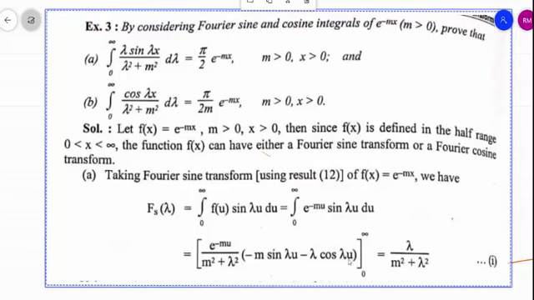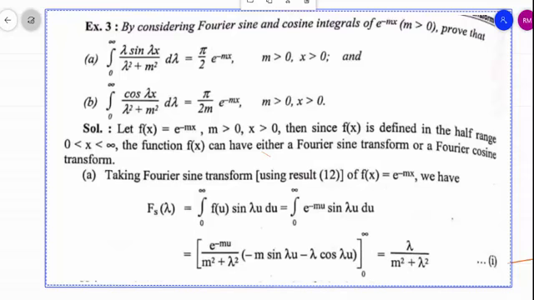This is the value when we substitute the lower limit, u equal to 0. But it is upper limit minus lower limit, so 0 minus minus becomes plus lambda upon m square plus lambda square, because at u equal to 0, e raised to 0 means 1, so only this remains.